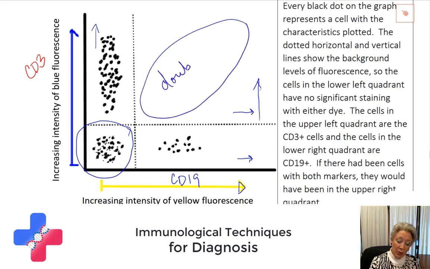So my double positive cells would be there, and you realize that the reason why I have no dots in that quadrant is because there's no such thing in your body as a cell that wears both CD19 and CD3. CD3 is a marker for T cells, and CD19 is a marker for B cells.